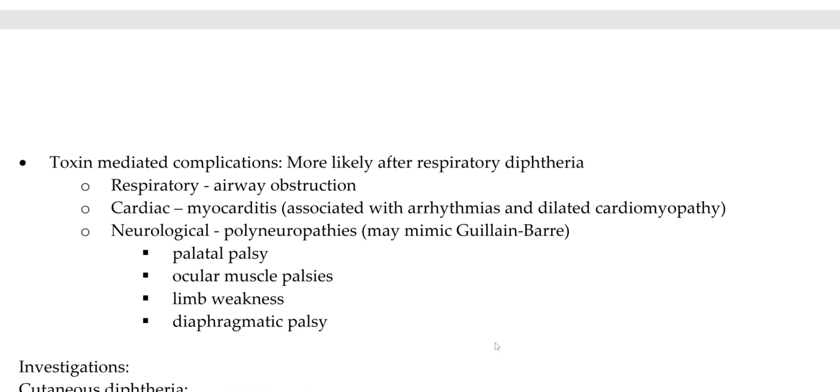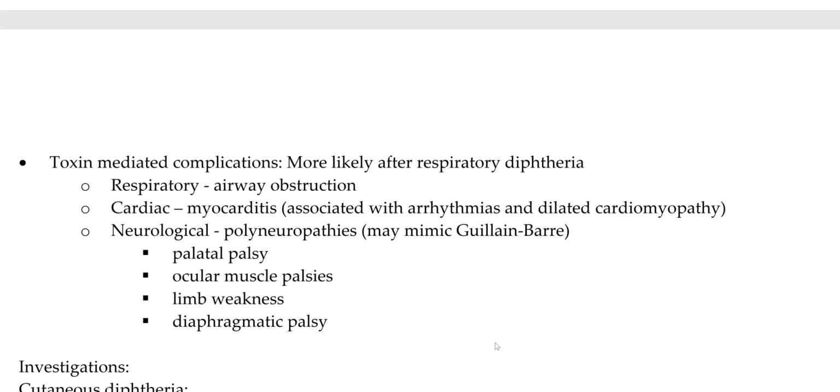Now, if this diphtheria toxin enters the systemic circulation, then you need to look for more complications, and these are more likely after respiratory diphtheria. One complication is very common, that is airway obstruction, mainly due to the pseudomembrane extension into the airway. But toxin-mediated complications include cardiac complications, myocarditis, that is arrhythmia and dilated cardiomyopathy.